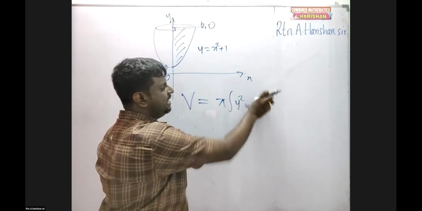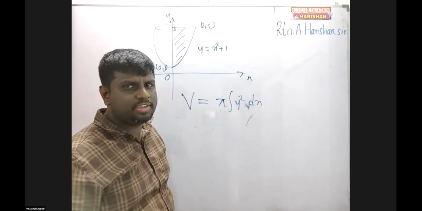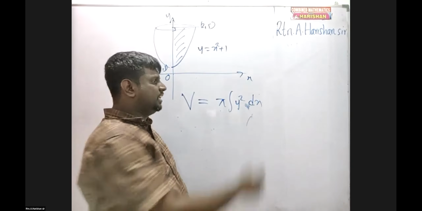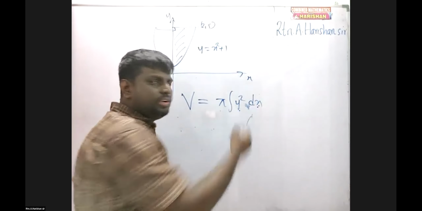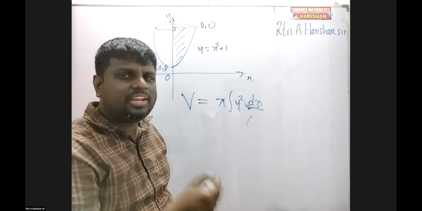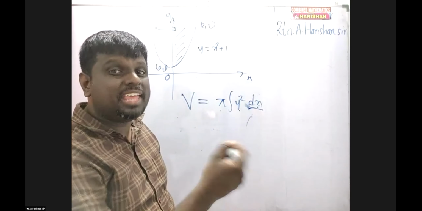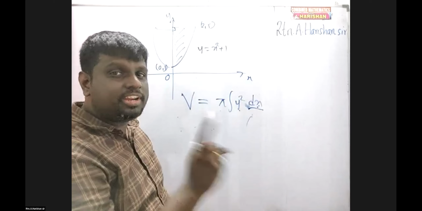Sorry, pi y squared dx. I told you when I was teaching theory, if it is with respect to dx, that means it is rotated about the x-axis. If it's dx, you can quickly identify it is rotated about the x-axis. If it's dy, it is rotated about the y-axis.